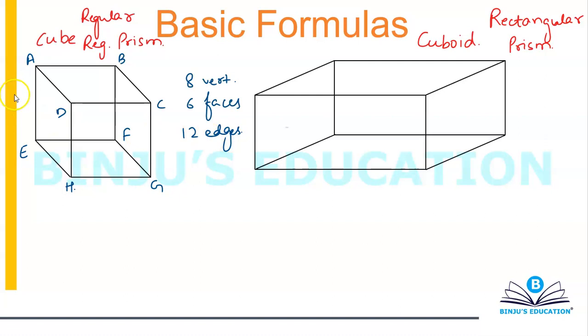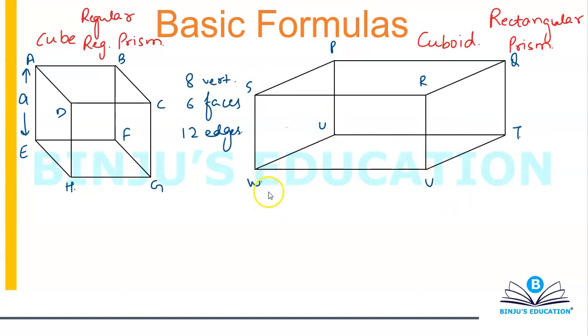Now let's consider the edge length of cube to be A. And as far as cuboid is concerned, let's name it PQRS UTVW.